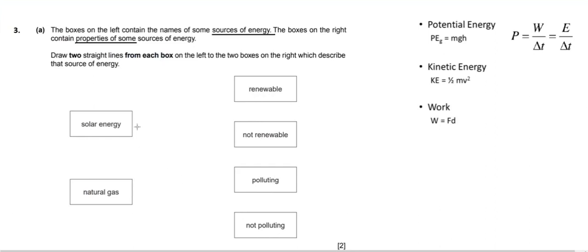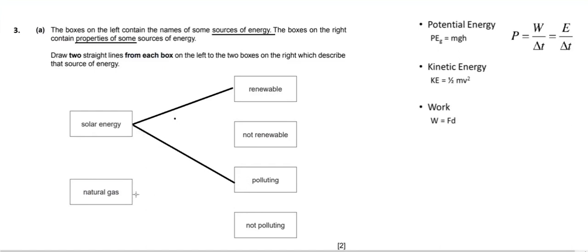We know solar energy, as we have seen, is a renewable energy. That is the first thing we saw. The second thing we saw is that it is also polluting, because it contains toxic materials. That is the polluting part of solar energy.